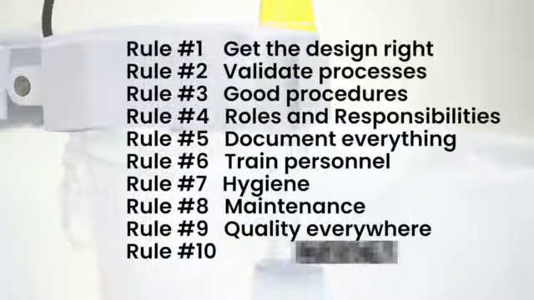A pH meter in the QC lab must be calibrated before use and at set intervals to ensure accurate pH readings for testing. Proper maintenance and calibration ensure that the manufacturing environment remains controlled and that equipment provides accurate and reliable results. Golden rule number 9, build quality into the whole product lifecycle.